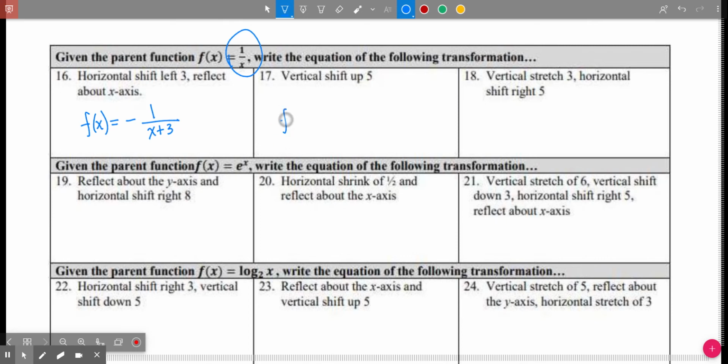In number 17, I have a vertical shift up 5 units. And in number 18, I have f of x is equal to a vertical stretch of 3, so 3 over, and a horizontal shift right 5, x minus 5.